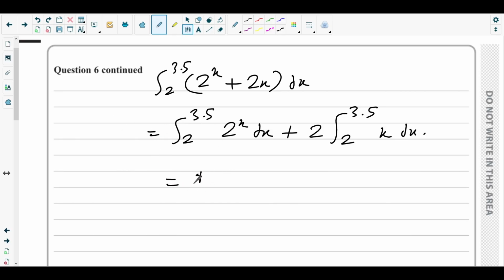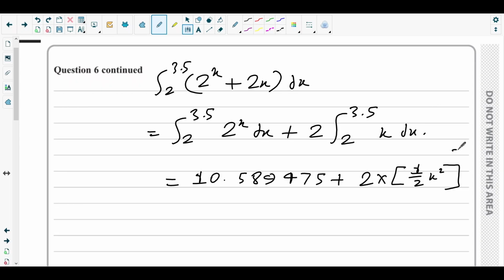We got 10.589475 plus 2 times, same as before, half of x squared, upper limit 3.5, lower limit 2. So you will get half of 3.5 squared minus half of 4, times 2, which is 33 over 4, plus 10.589475.